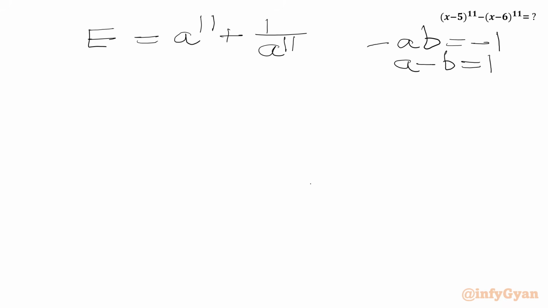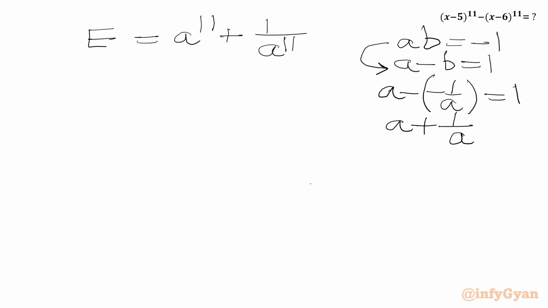Now I will plug in B equal to minus 1 over A over here. So I can write A minus (minus 1 over A) equal to 1, or we'll be writing A plus 1 over A equal to 1. Now this question becomes easy. A plus 1 over A is 1.